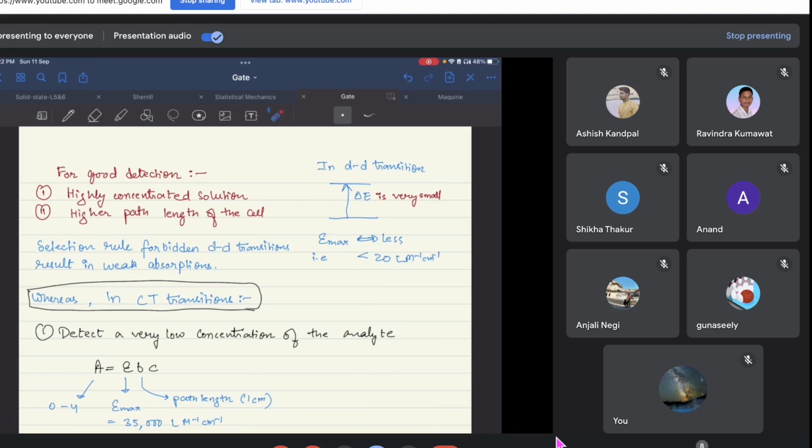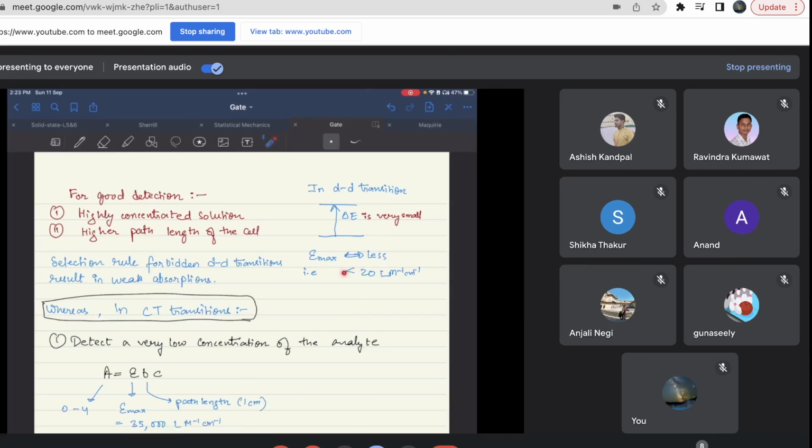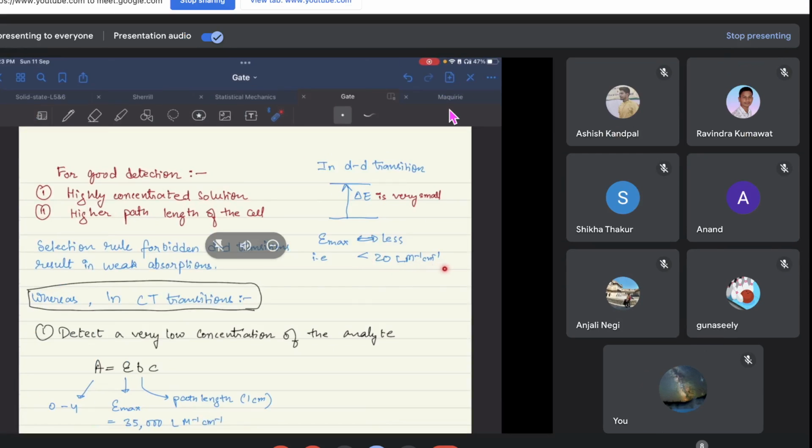Yeah, but in the case where only the d-d transition is happening, we see that the delta E is very small for the transition to take place. So when the delta E is very small, the epsilon max value is also very small, less than or equal to 20 liter molar inverse centimeter inverse.